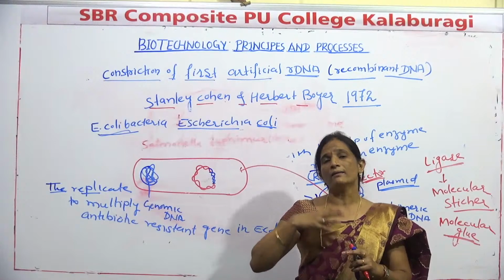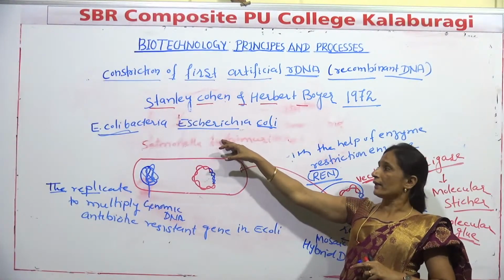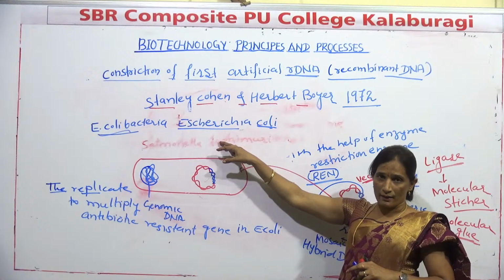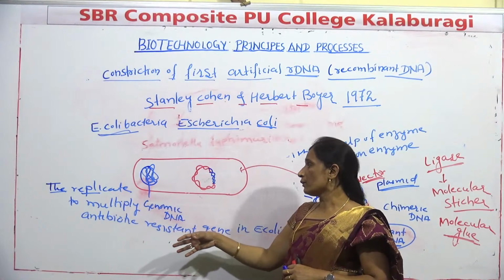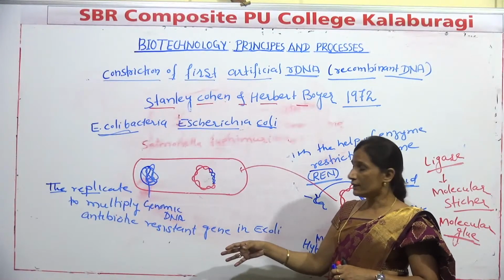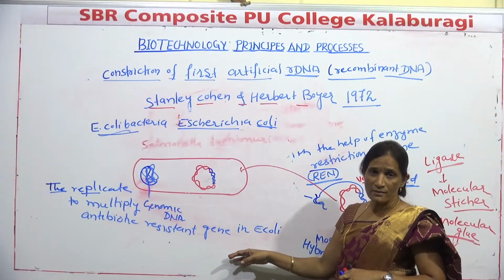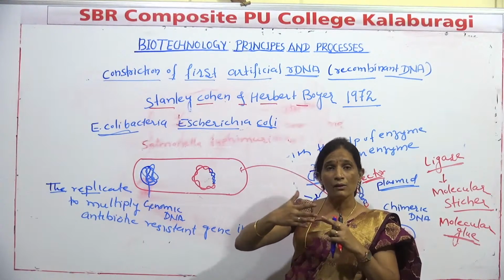And then they introduce it into which bacteria? E. coli bacteria, Escherichia coli. So this one is going to replicate to multiply the antibiotic resistant gene in E. coli. Means cloning. Then what will happen? It produces multiple copies.